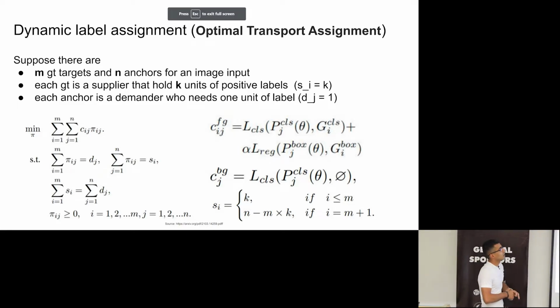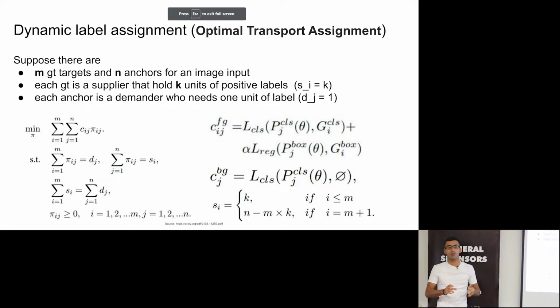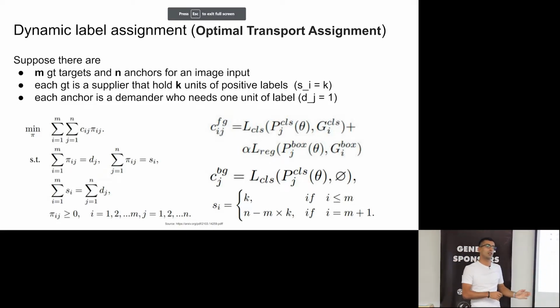Dynamic label assignment. Earlier on, the models were trained using fixed label assignment, which is the process I described earlier, where we have anchors and we assign each anchor to a ground truth target by using intersection over union. But in 2020, a paper was introduced that used optimal transport assignment for this anchor assignment process.